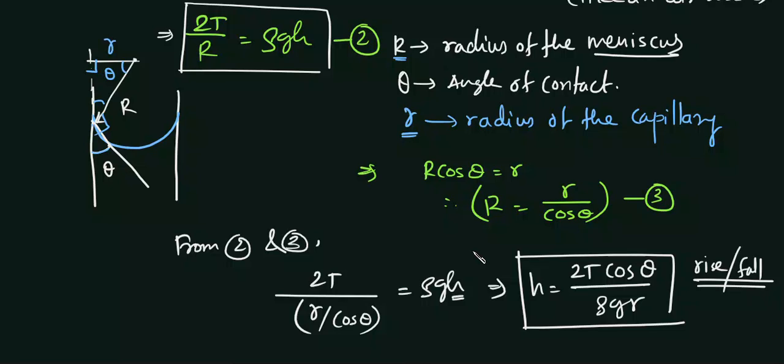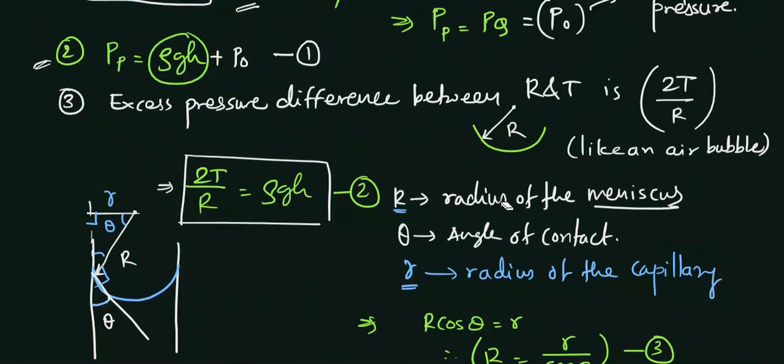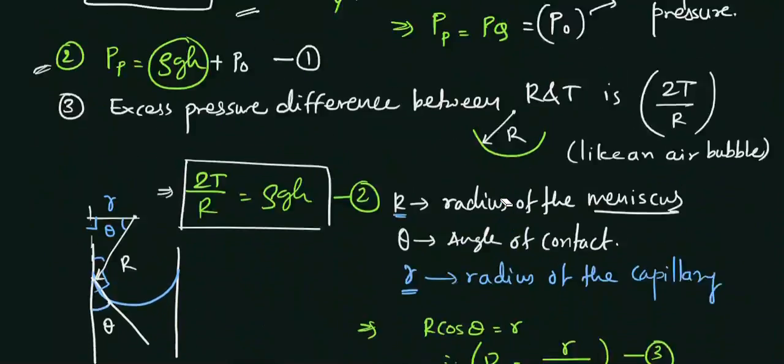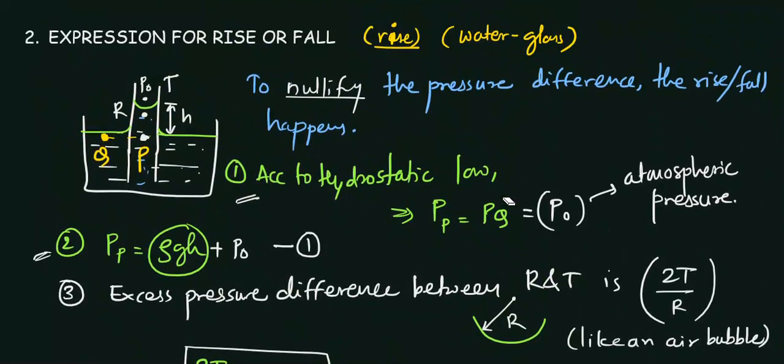Okay, if they have given you the diameter, you will put d here, and for that it will become 4. Just try to understand. I think this expression is clear to you. Just remember that the excess pressure here is due to the surface tension, and that's why the rise or fall will happen.